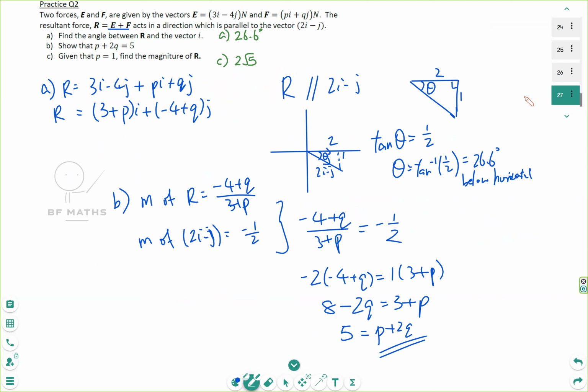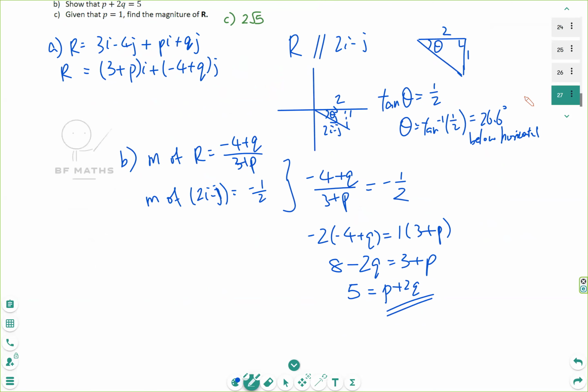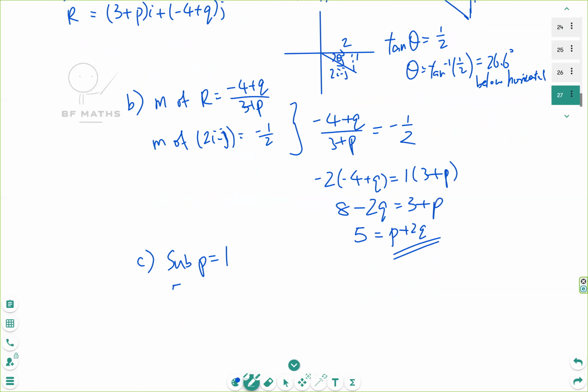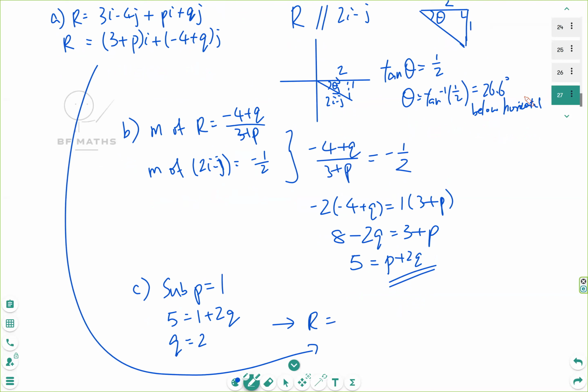Part C, given p equals 1, find the magnitude of r. Well, easy peasy. If I know p is 1, then 5 equals 1 plus 2q, so q equals 2. Therefore, r equals 3 plus 1 i, plus minus 4 plus 2 j.